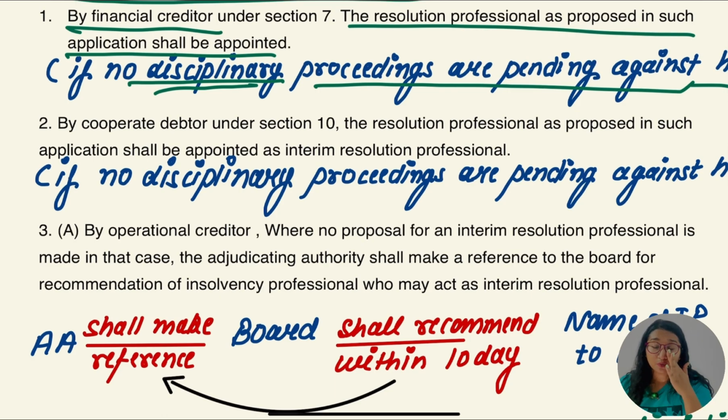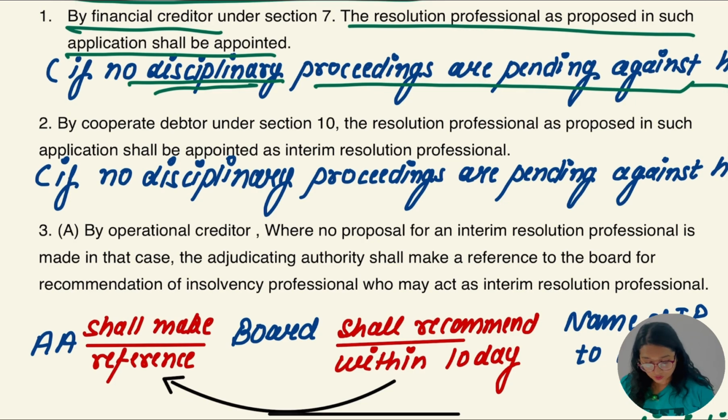But what if the operational creditor has not given the name? In that case, what is going to happen? The adjudicating authority is going to ask the board to give a reference, to refer someone who is to be appointed as the interim resolution professional here.